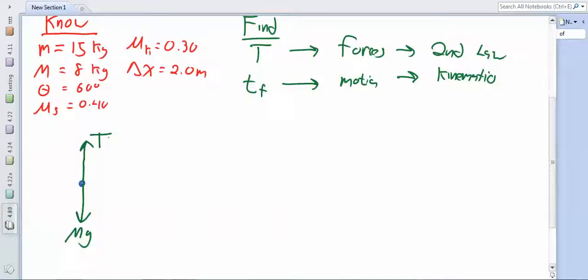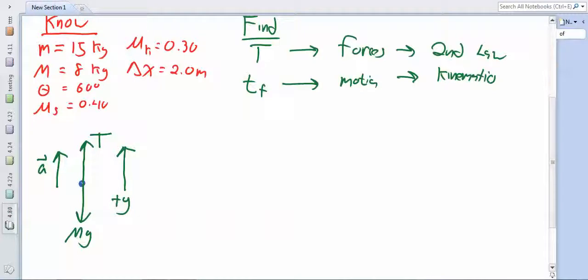In the numbers that are given, the hanging mass is lighter than the sliding mass, so we're going to draw the direction of the acceleration upward for the hanging mass, and I'll use a coordinate system where the positive y direction is up.